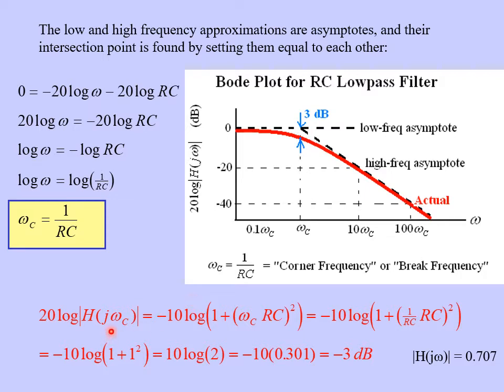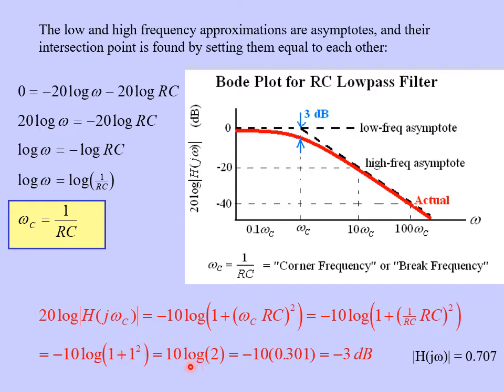If we plug in the corner frequency, which remember is 1 over RC, this omega in our frequency response becomes 1 over RC. So we have 1 over RC times RC. So this is 1 plus 1 squared, which is 2.